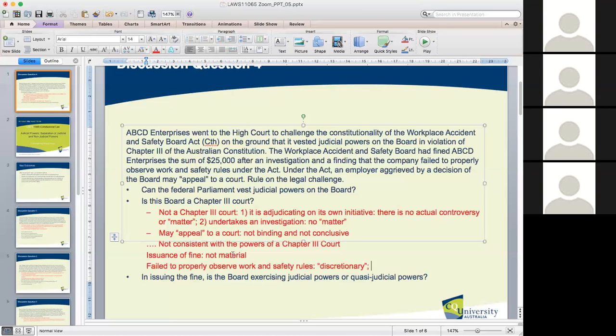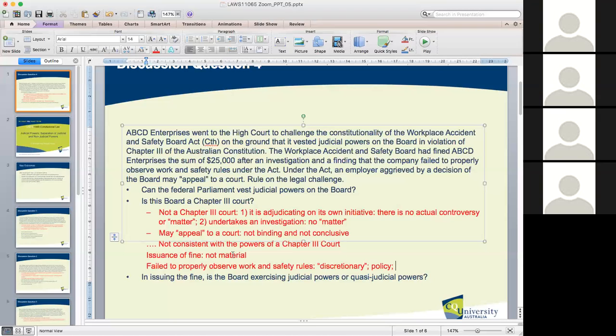Is it because they're deciding on the basis of policy? Yes, as Parliament has made the policy to observe the work and safety rules, and then they're making the decision on the basis of that policy. I'm not sure if it's there. I can't see it in the facts.